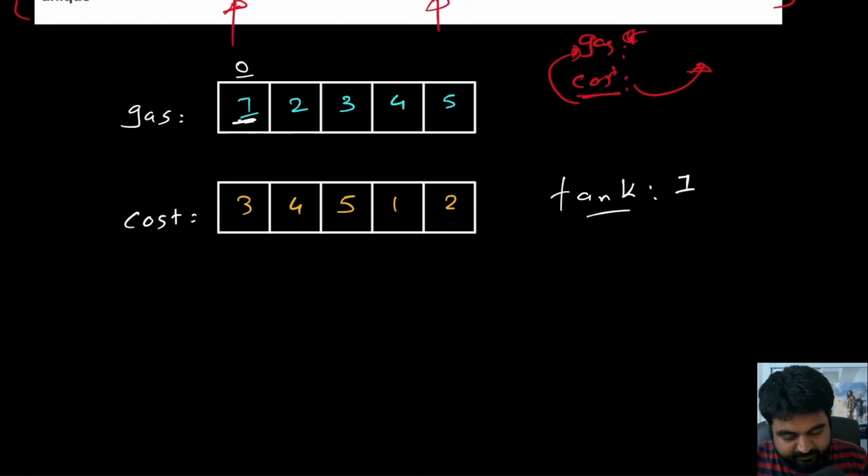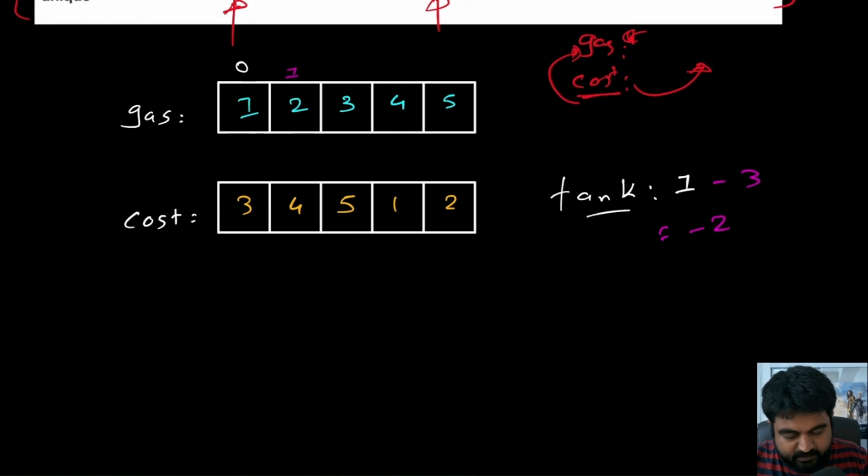Now if we need to reach the next position, index position 1, then we will have to pay this cost, 1 minus 3. So our tank would go negative, and we would not be able to reach position 1. So we can clearly say that option 0 does not work.